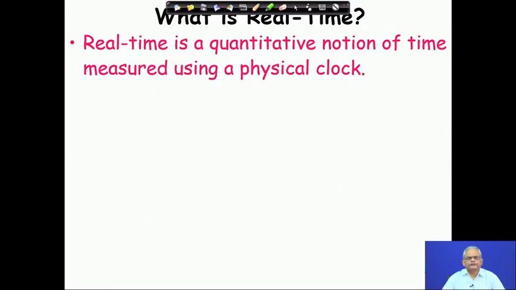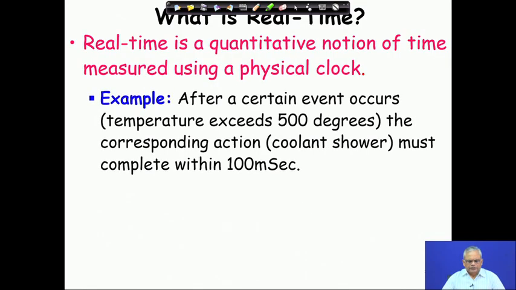They also deal with time. But here we measure the time explicitly using a physical clock in a real time situation, and if the time bounds are not met, we say that the system has failed.